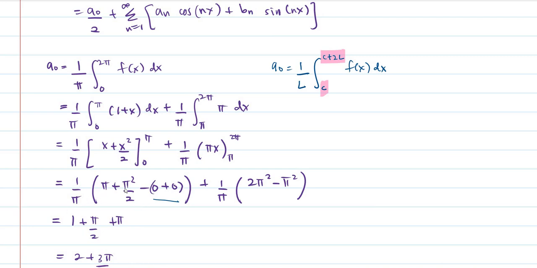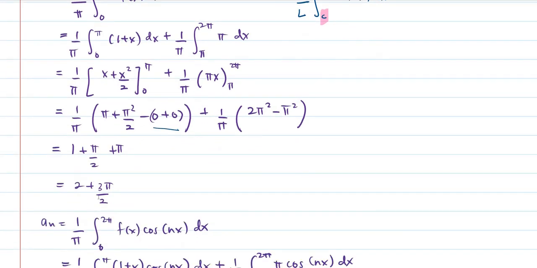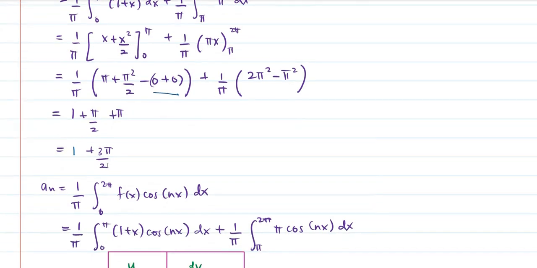Simplifying, we have 1 plus π over 2, plus 2π squared minus π squared is π squared, divided by π is π. Therefore, a naught is equal to 2 plus... I made a mistake here. It is not 2, a naught is equal to 1 plus 3π over 2. That will be correct. This is for a naught.